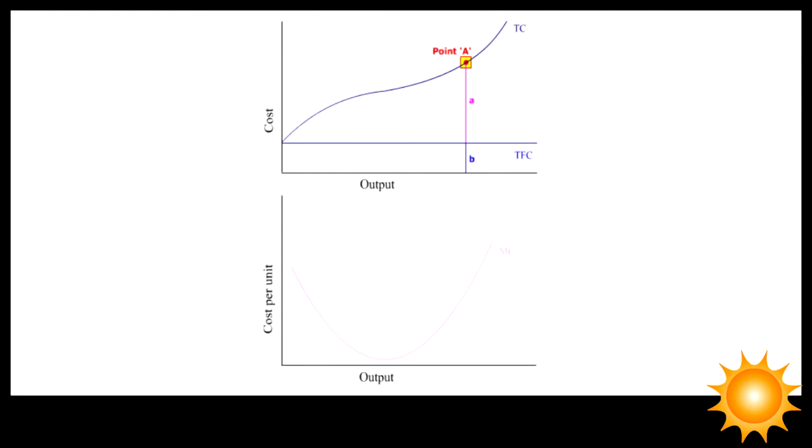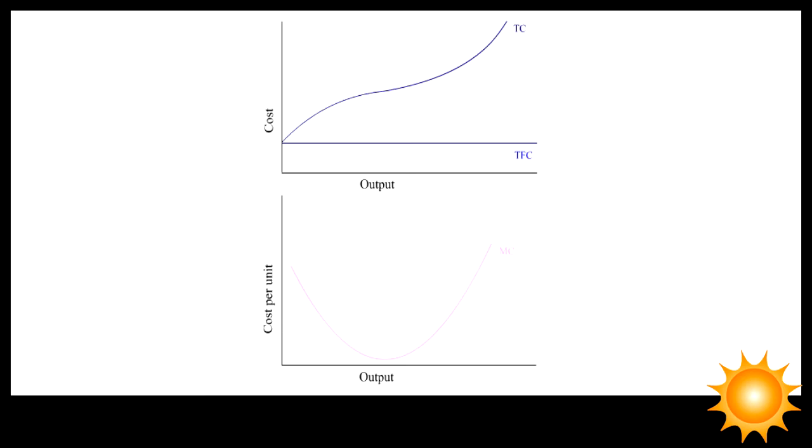For example, at point capital A, TC is equal to small a plus small b, where small a is equal to TVC and small b is equal to TFC. Since the slope of TVC stays the same, shifting the TVC up by the fixed cost does not affect the value of MC.